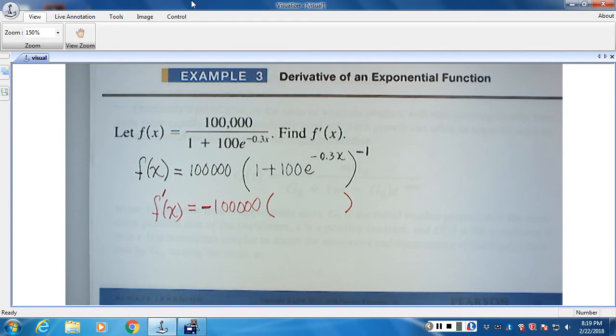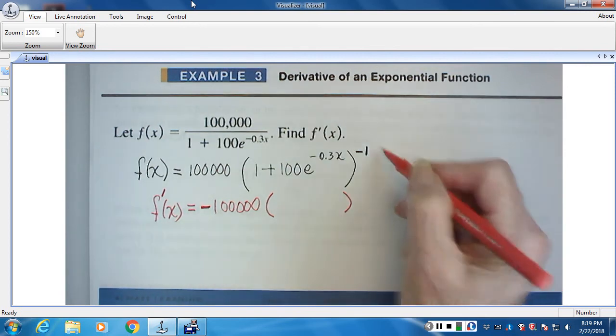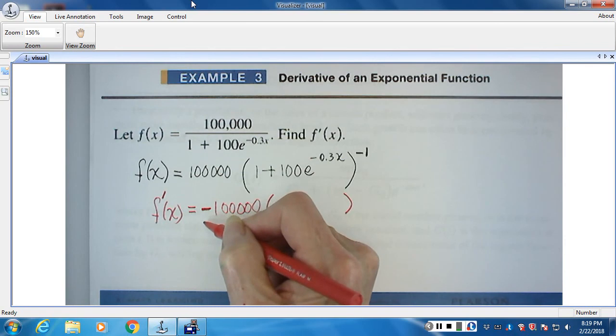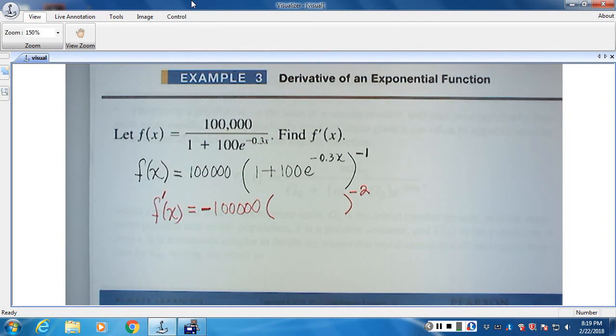Keep what's in the parentheses. I don't even fill it in until I'm done. Then, because I've brought my power down in front and multiplied by it, I'm going to reduce my power by 1, which makes it negative 2. Now, I'm going to keep what was in the parentheses.